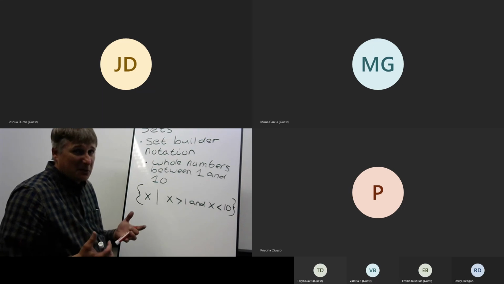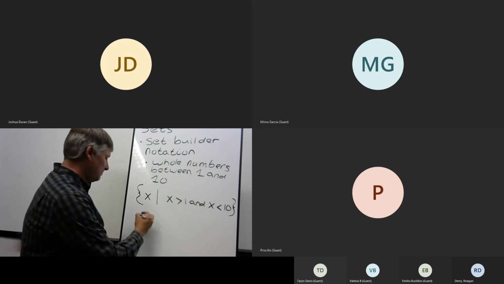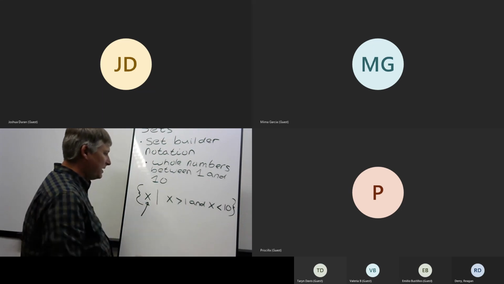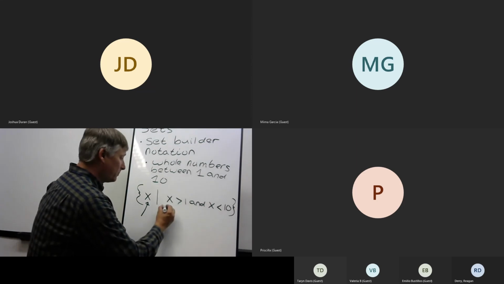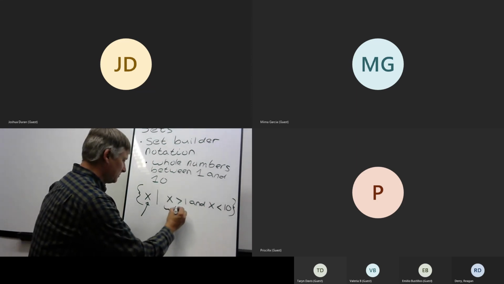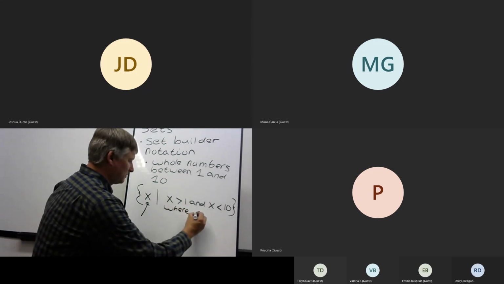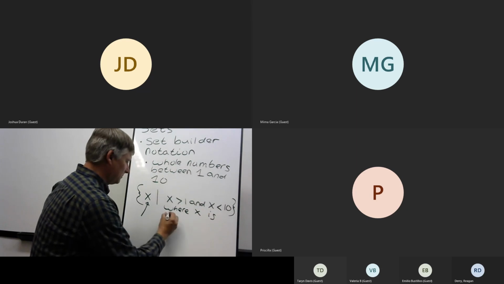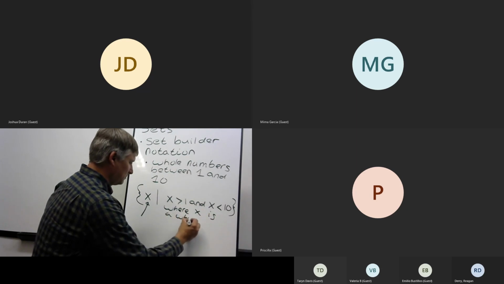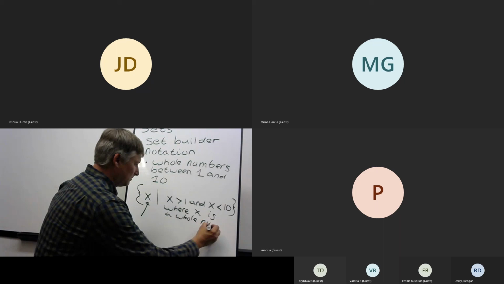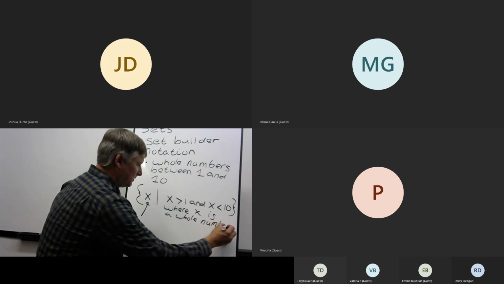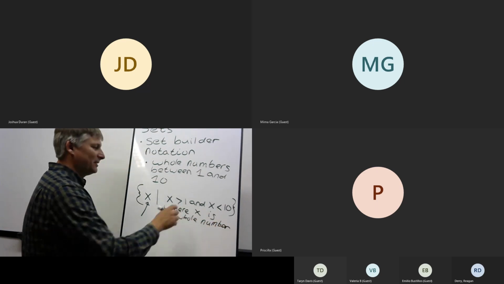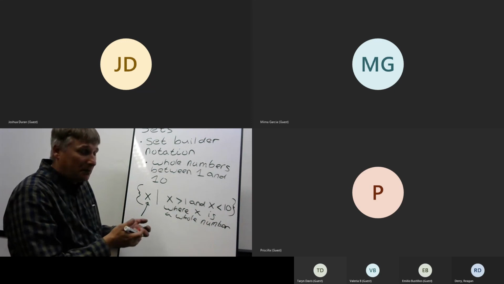Now, this is kind of peculiar, but you can say x. Well, let me add one more thing. Usually I'm going to write this inside here. I just got to kind of squeeze it in.